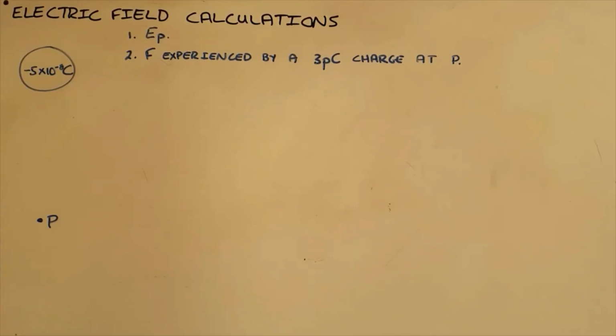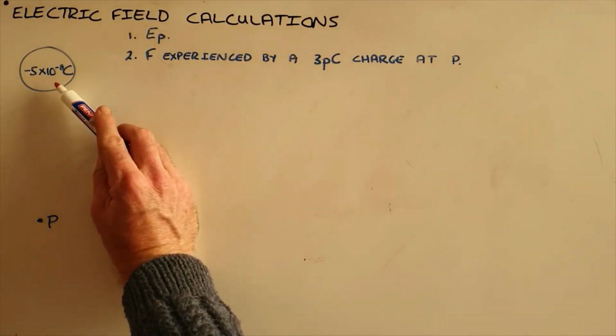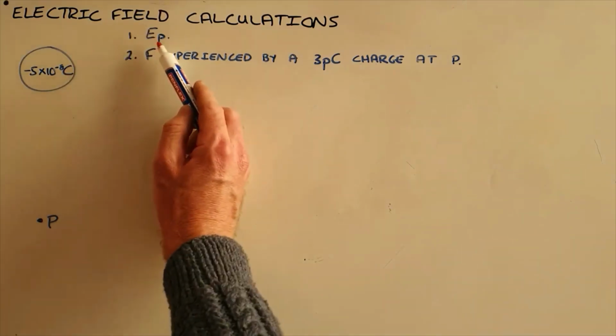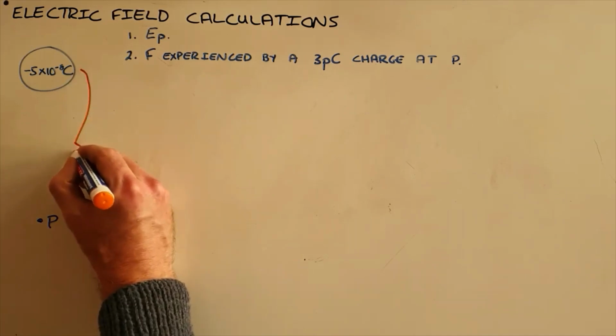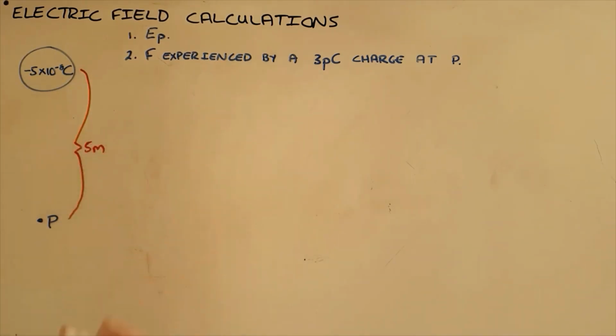A very common electric field calculation question would look something like this, where you are given a certain charge, in this case -5 times 10 to the -8 coulombs, and asked to calculate the electric field at a point P, a certain distance away. In this example, we are going to say 5 meters away.